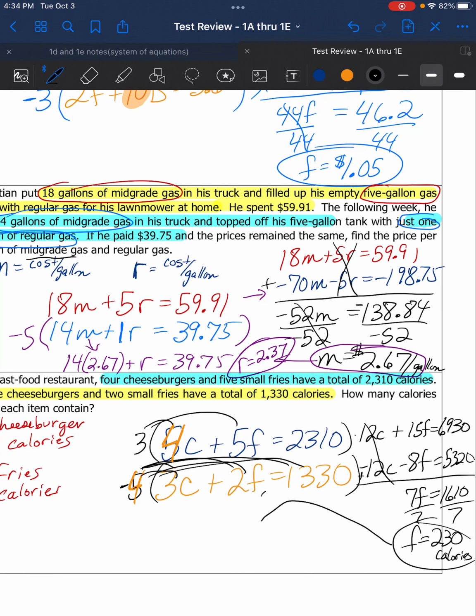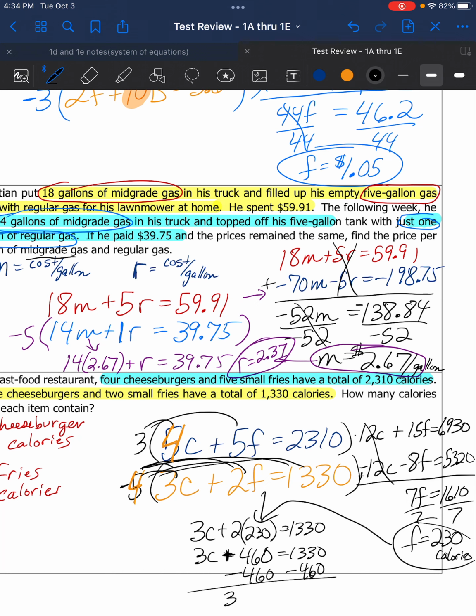And then I'm going to use the bottom equation to figure out how many calories a cheeseburger has. So 3C plus 2 times 230, replacing the F with 230, equals 1330. 3C plus 460 equals 1330. Subtract 460: 1330 minus 460 is 870, divided by 3, and then we're done.